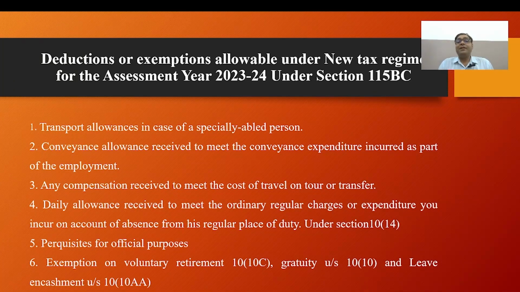And academic allowance: suppose I belong to a teaching or university job, then this will be an allowance for professors and teachers. Any allowance, by whatever name called, granted for encouraging academic research and training pursuits in educational and research institutions.